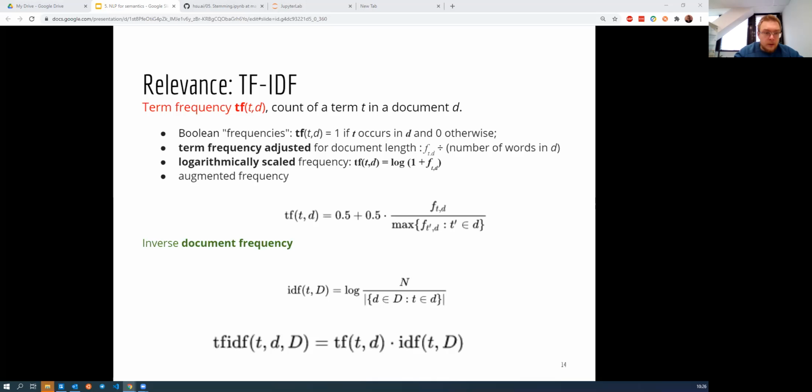If N is the number of texts and the denominator is the number of documents where the word is met, then it will be 1 by 1, the logarithm is 0. So the inverted document frequency will be 0. The influence of such a word is nothing. Okay, it's 0. And the metric which can be put into the cell of the matrix is the multiplication of the importance of the term inside the text by the importance of the term inside all the texts. Okay, term frequency by inverted document frequency. Great. I hope you remember this.